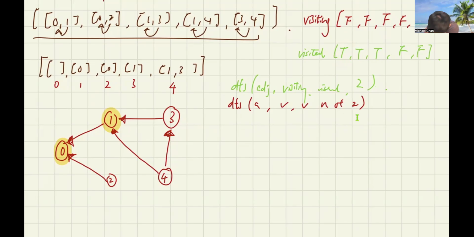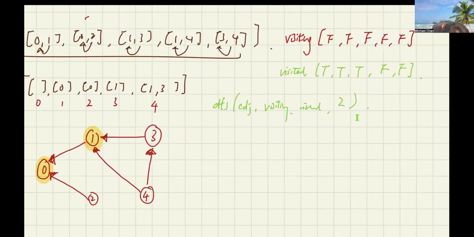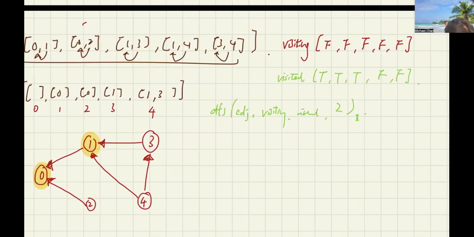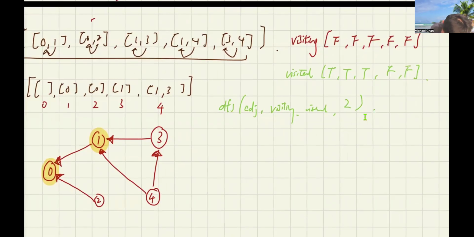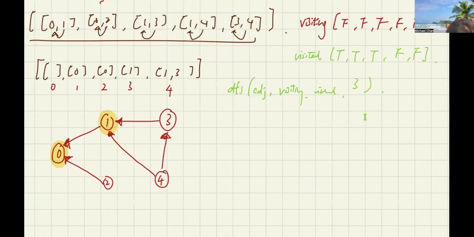And then it will pass through all of the neighbors. And then this call is done. Boom. And then I will set, wait, what? Oh, this one should be true, right? This one should have been true just now. And then now I'll set it back to false. And I'll return true. And then this goes on and on. 3, right? And then boom.